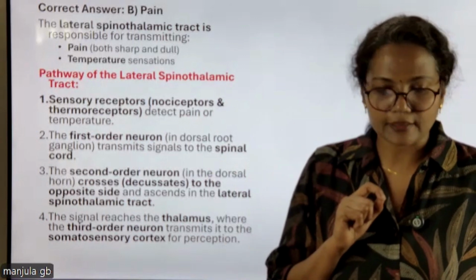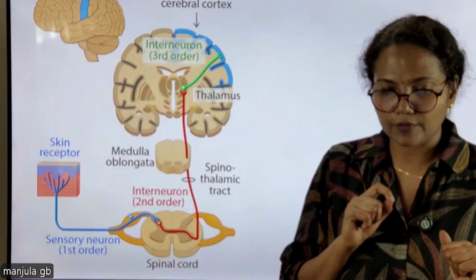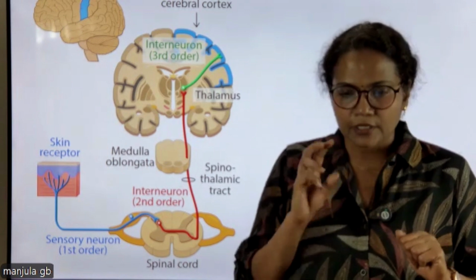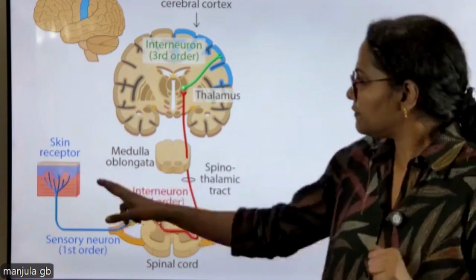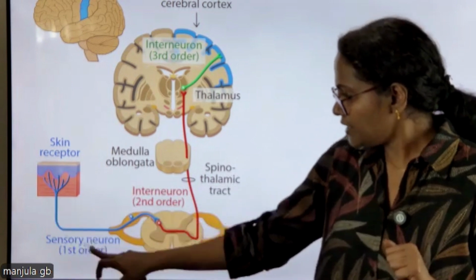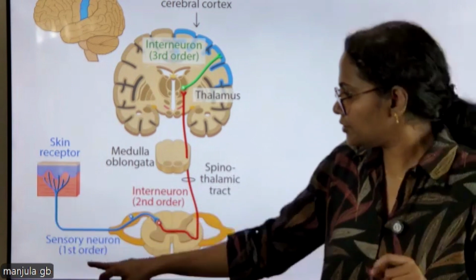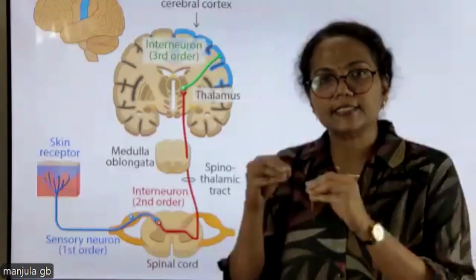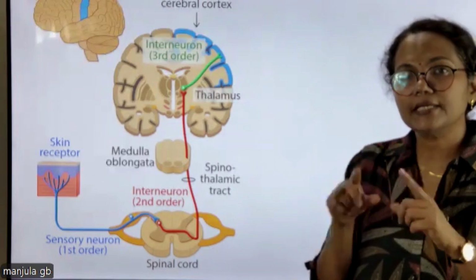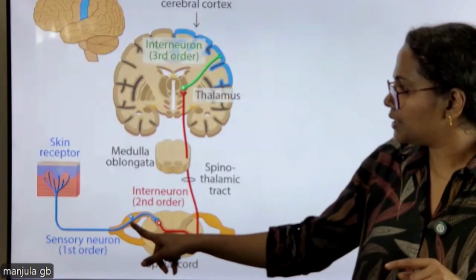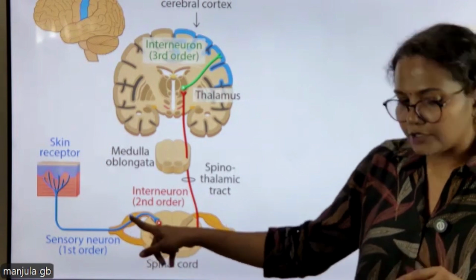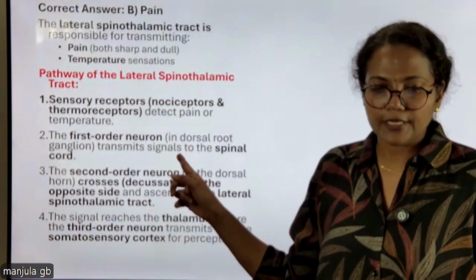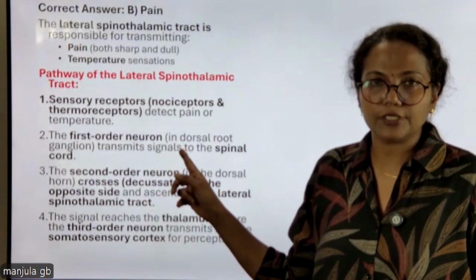Now, to understand the spinothalamic pathway, you can have a look at this picture. There are three neurons involved. From the skin receptor, the first order neuron, a sensory neuron, takes the impulses to the posterior or dorsal root ganglion.